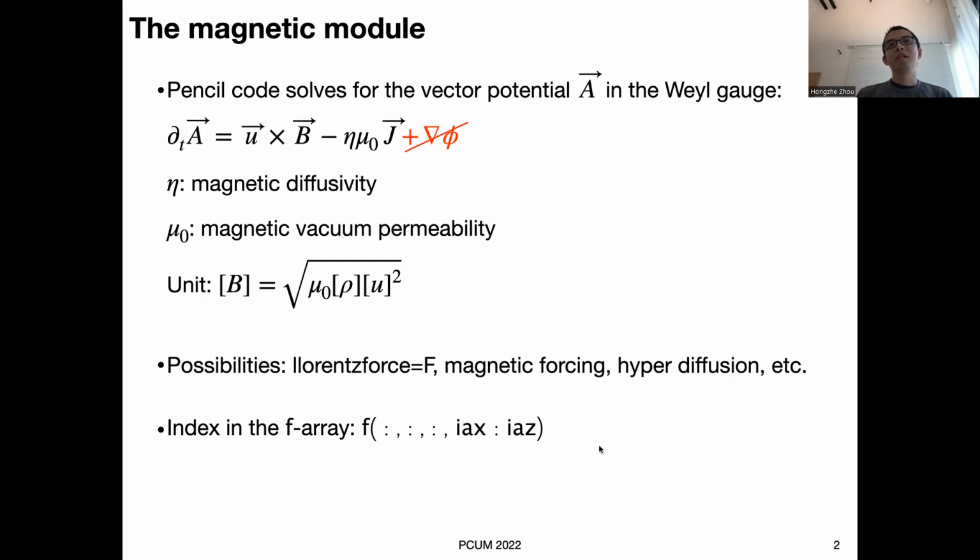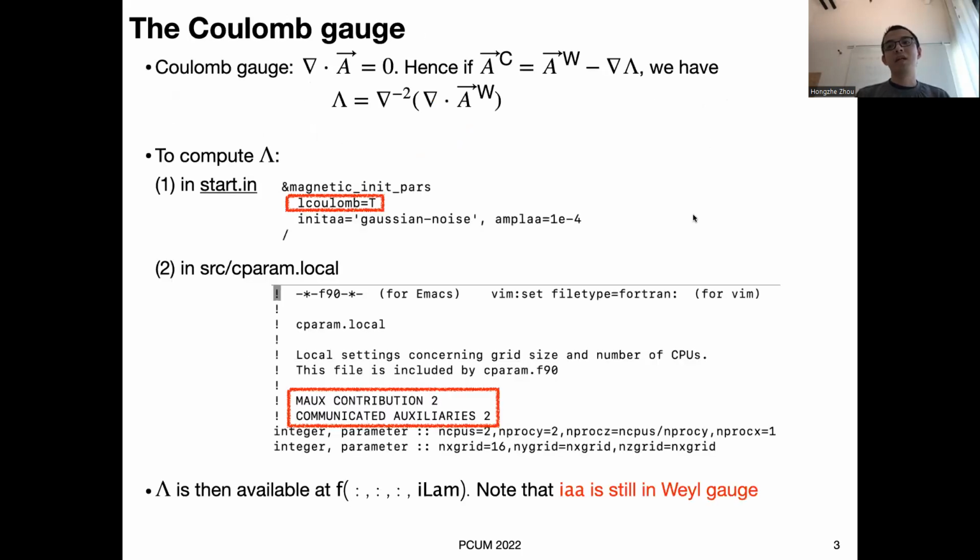Recently, it has become possible to use a different gauge, as Axel mentioned on Wednesday. That is the Coulomb gauge. In the Coulomb gauge, the divergence of A is zero.